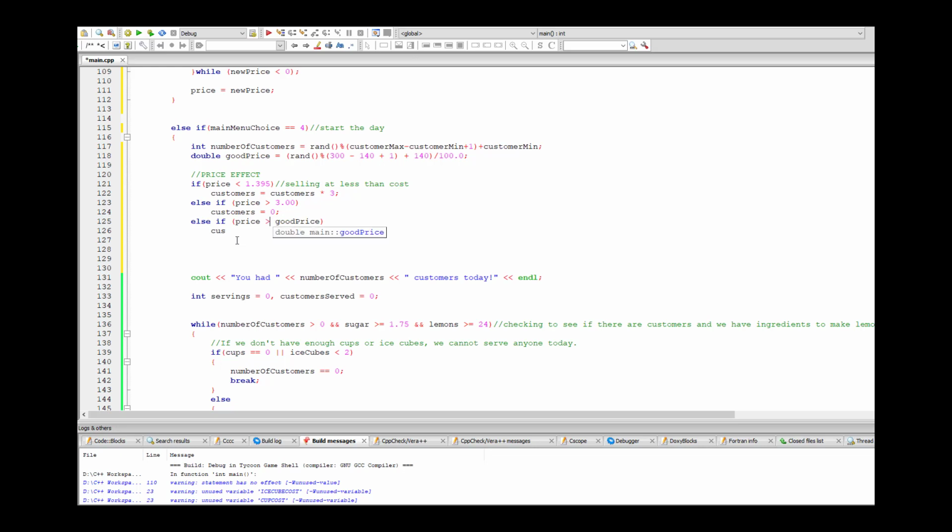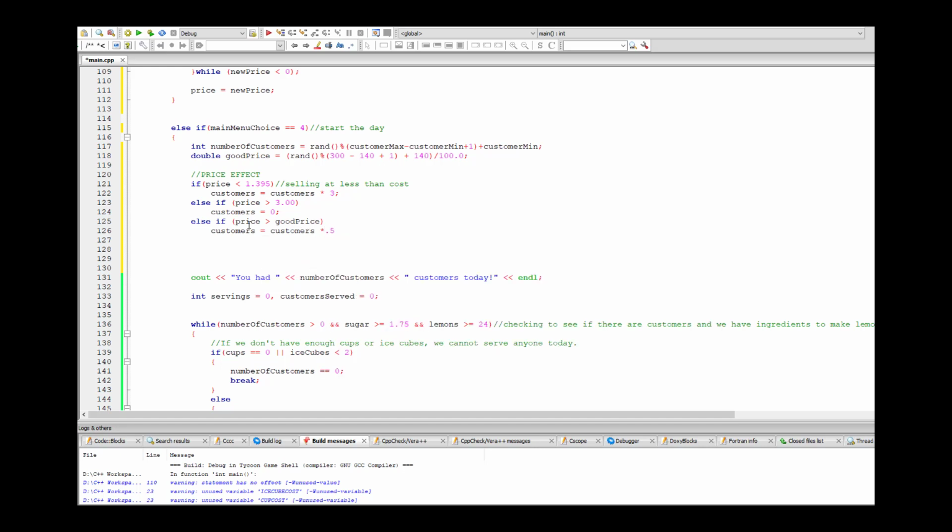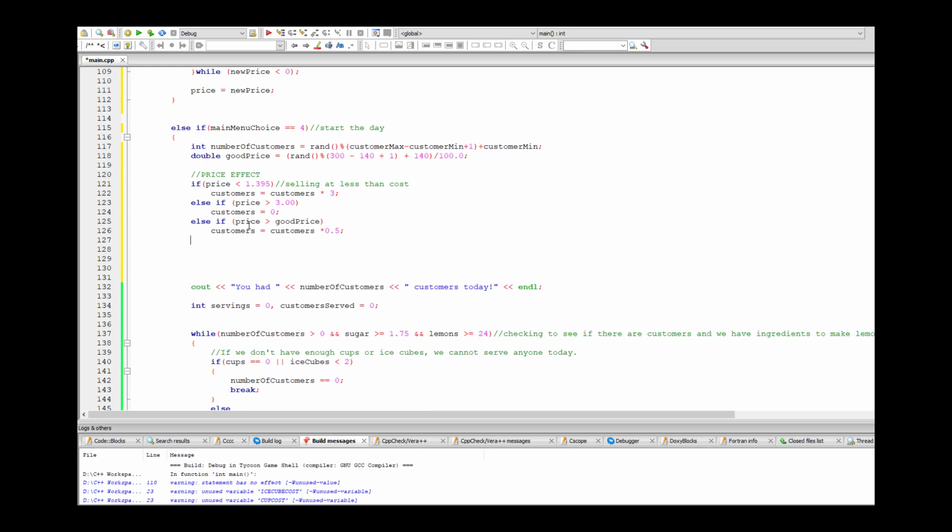Customers: if we set it above the good price threshold for that day, the customers will equal customers times 0.5. So basically you only get about half the customers for the day if you set it above that price.